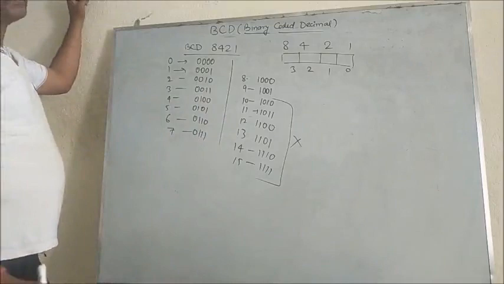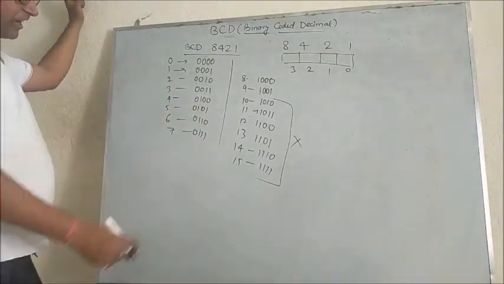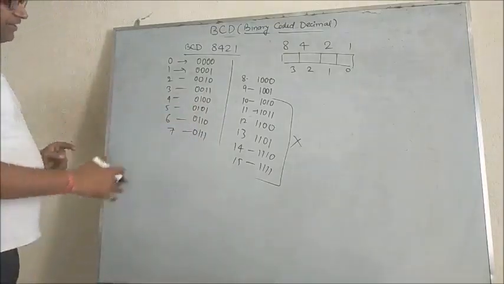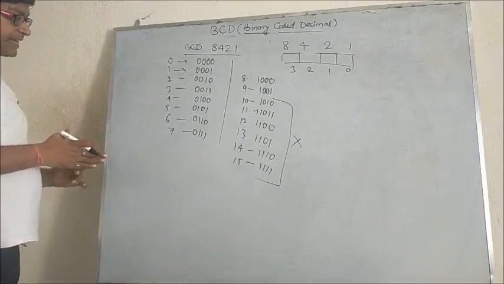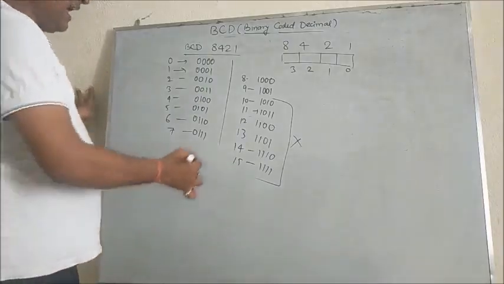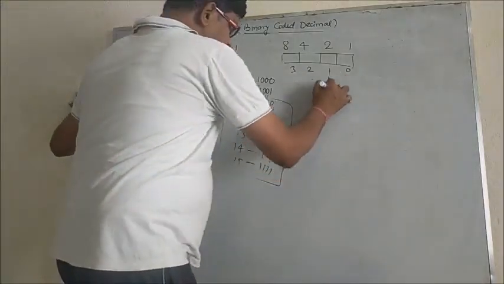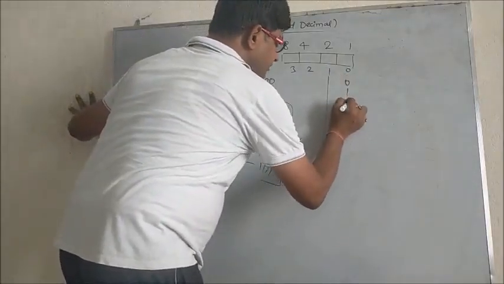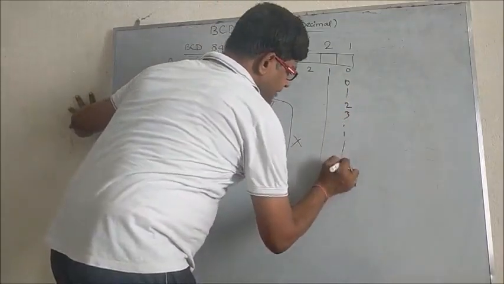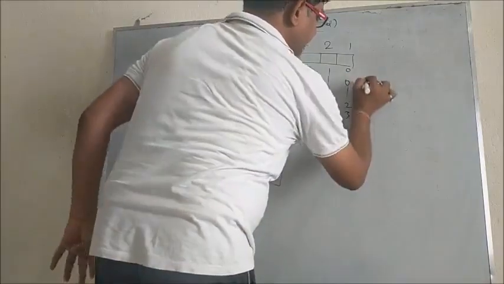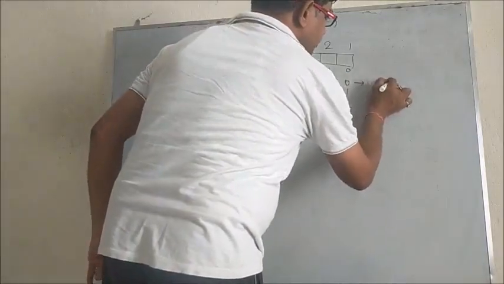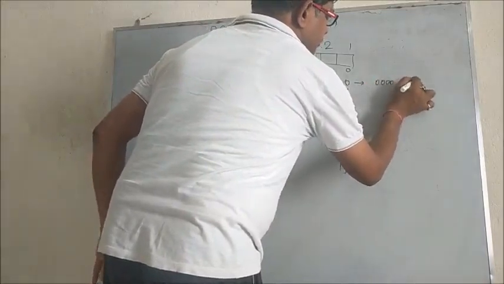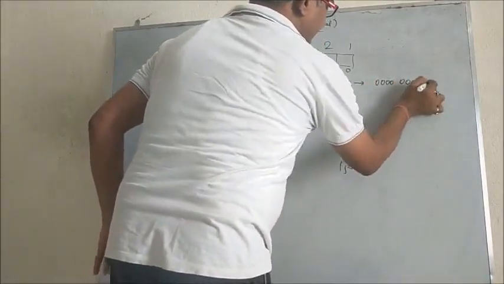And for this representation you have to take the next multiple of 4, that means 8 bits you have to take. And if we want to do this, the representation will be entirely different. I am just telling you how it goes, how to represent 0 to 15. So for 0 you have to take 0 0 0 0 0 0 0 0, like this, right?